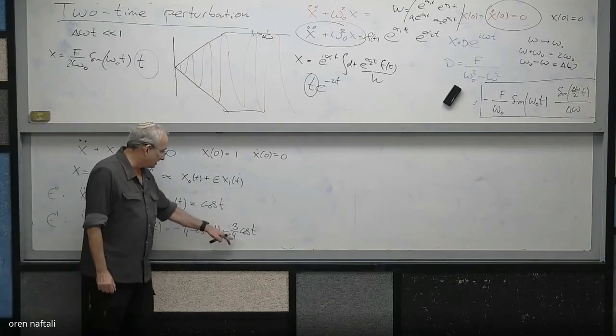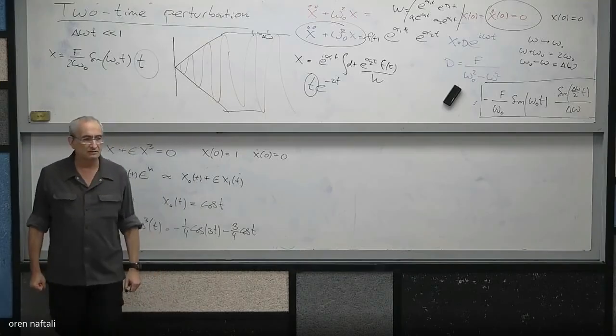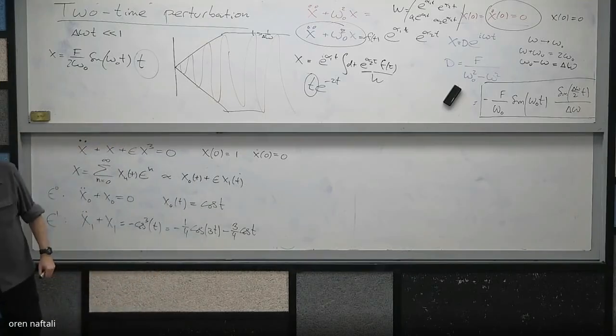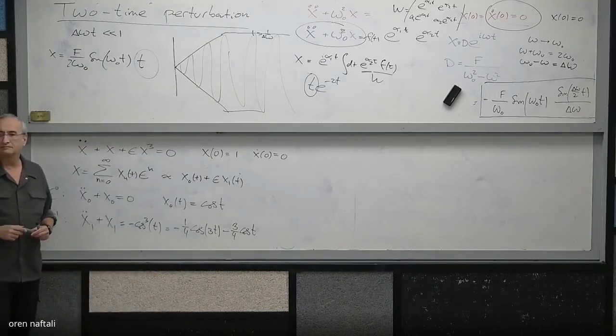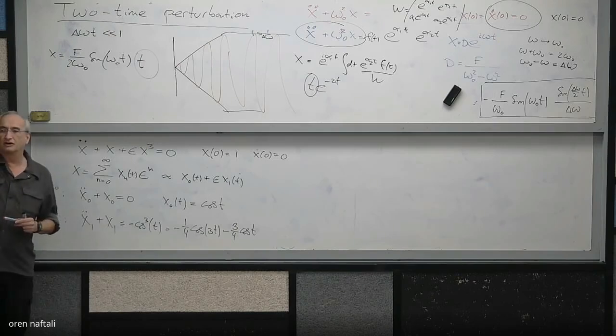One of them is this one, and one of them is that one. Why are we in troubles? One of them is the resonant frequency. One of them has the same frequency. Very good. One of them is at the resonant frequency, and it will give me something that will grow and grow and grow to infinity.